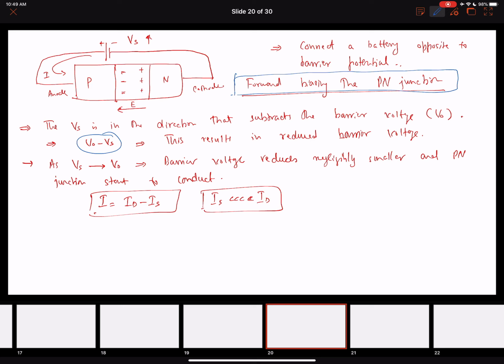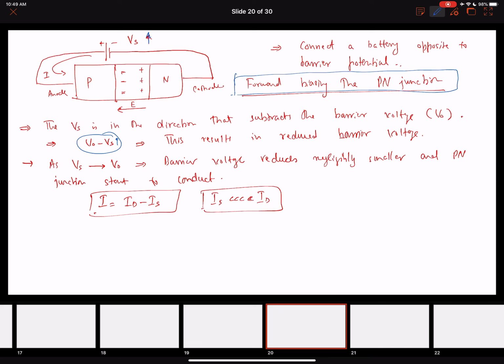As Vs increases, our barrier potential will start to reduce, and a point will come when Vs becomes equal to V0. When Vs becomes equal to the barrier potential, the barrier becomes negligibly small, and the conduction will start to happen.